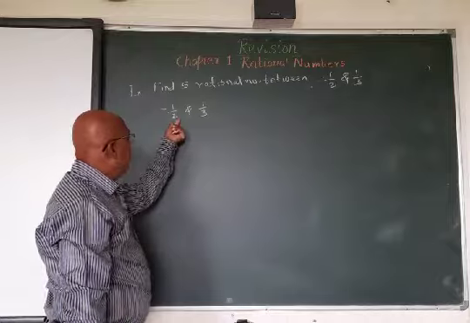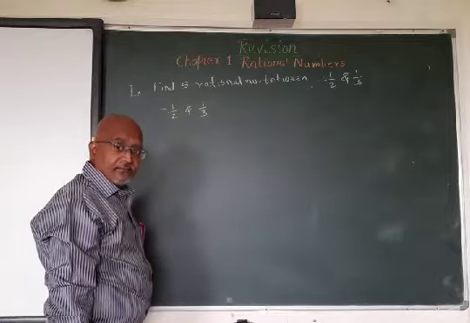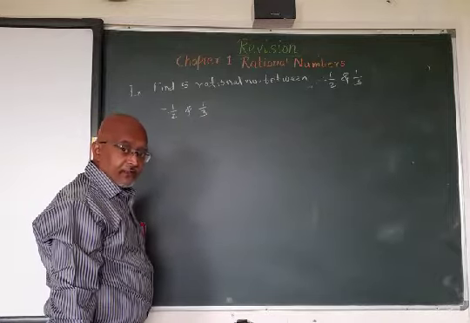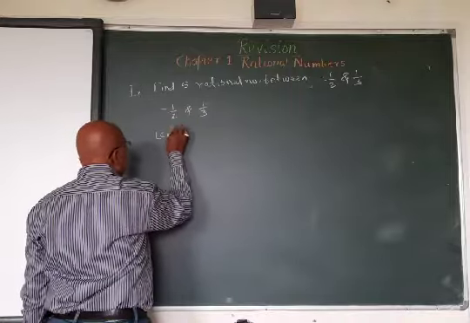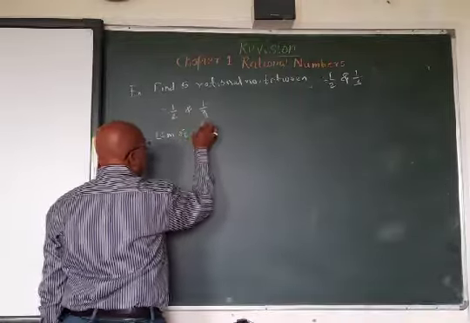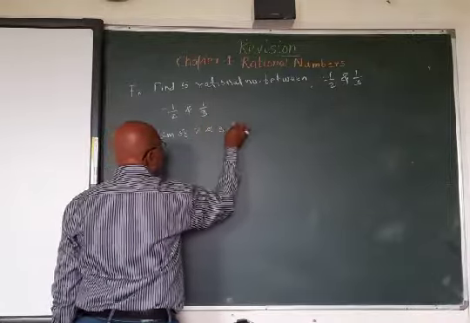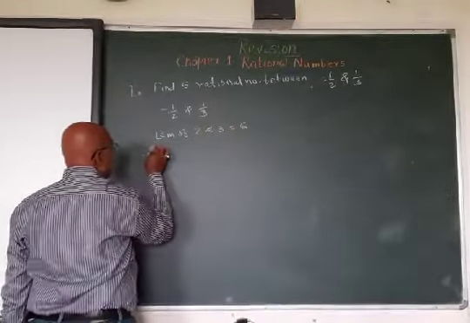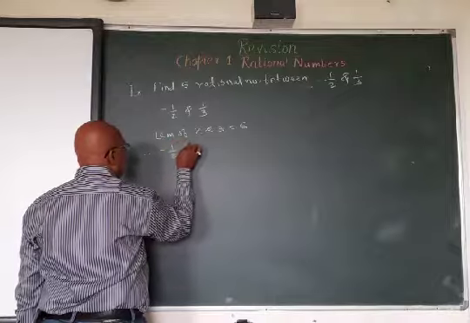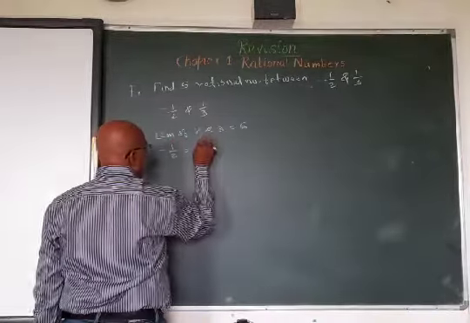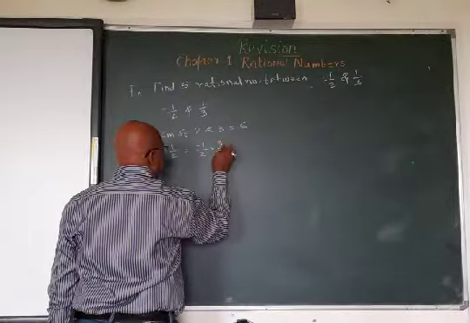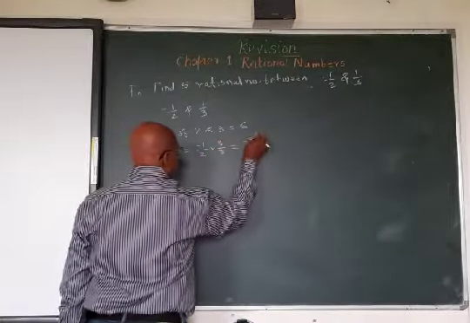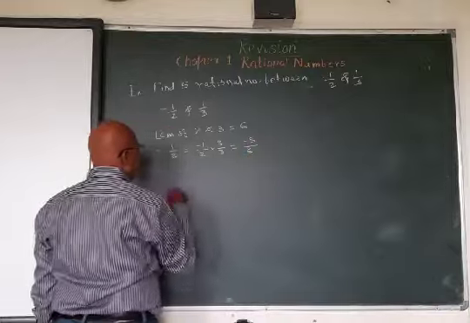The LCM of 2 and 3 is 6. Therefore, minus 1 by 2 equals minus 1 upon 2 into 3 upon 3, equals minus 3 upon 6.